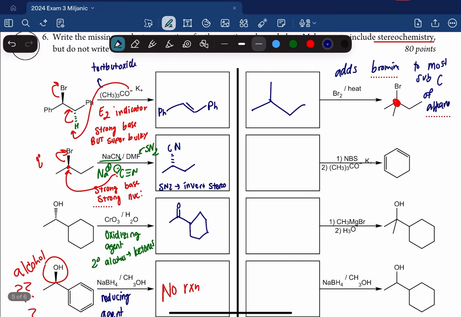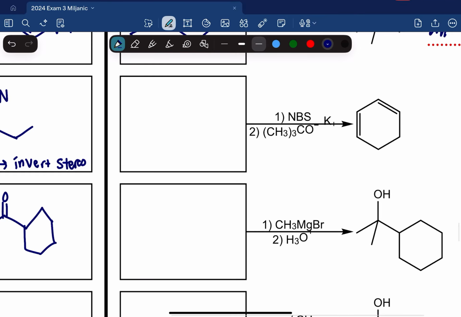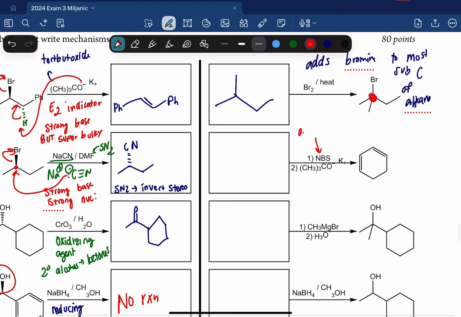Okay. On this next one, this one is pretty interesting. This one is pretty cool. So we see here, in our product, we have 2 double bonds. Now we see here NBS. We know this NBS adds a bromine allylic to an alkene.